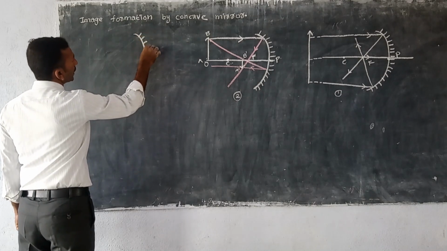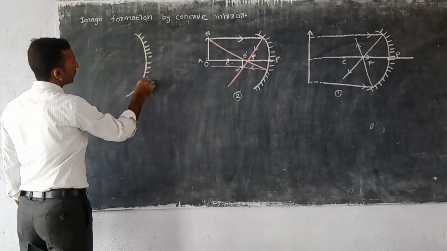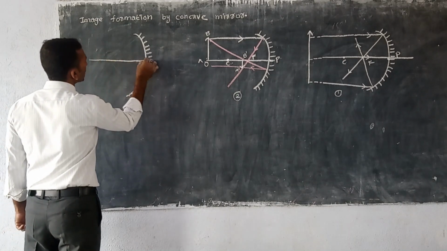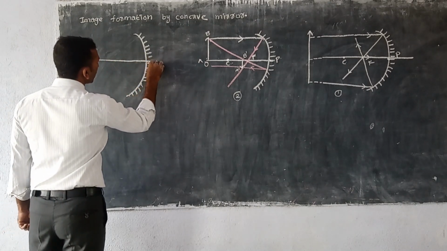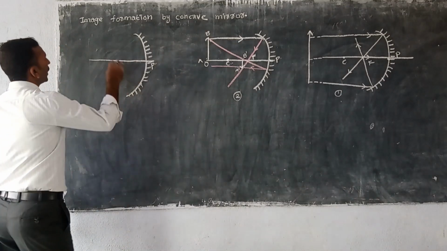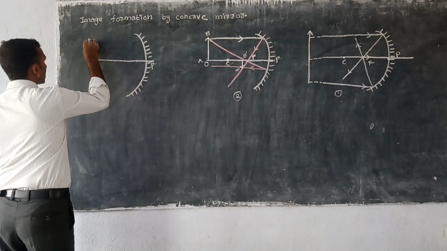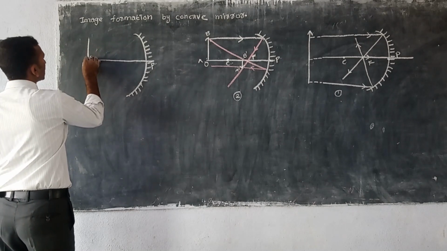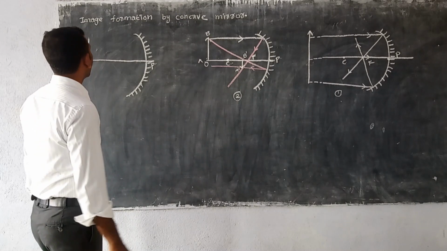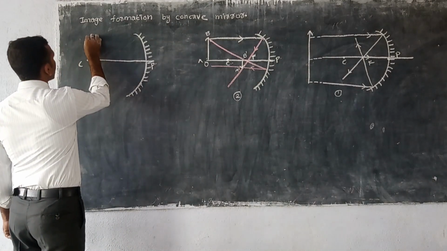In the third case, just take a concave mirror. This is the non-reflecting surface of the mirror, draw a principal axis, and this one is the pole of the mirror. Now we are keeping the object here at the center of curvature. Which type of light ray do we take each time?